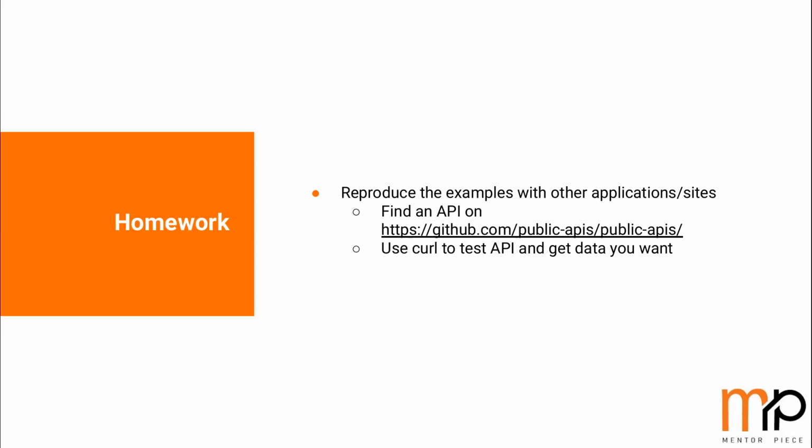There are lots of public APIs about weather, about animals, about finance, about jokes, about almost everything you can imagine. So it's a really nice way to practice the curl command with interesting things.